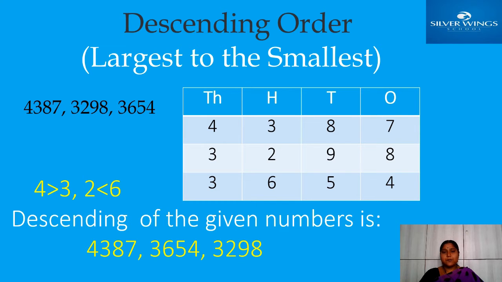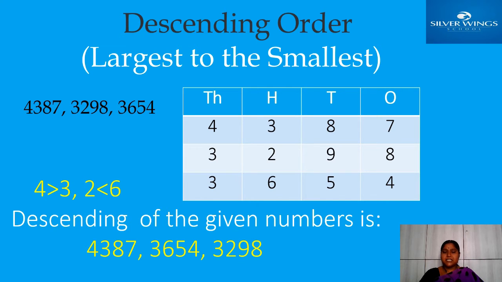What is the next place? Hundreds place. See here, in the first number there is 2 in the hundreds column, and in the last number 6 is there in the hundreds column.